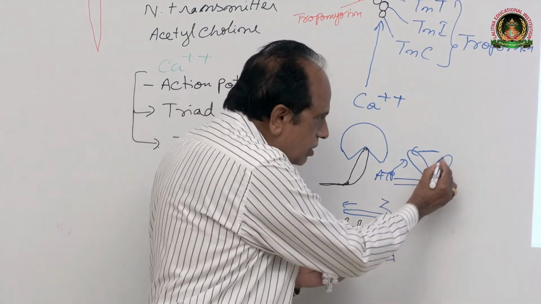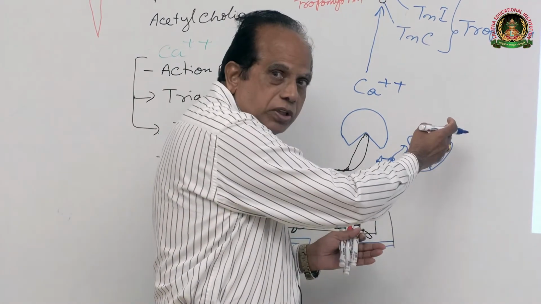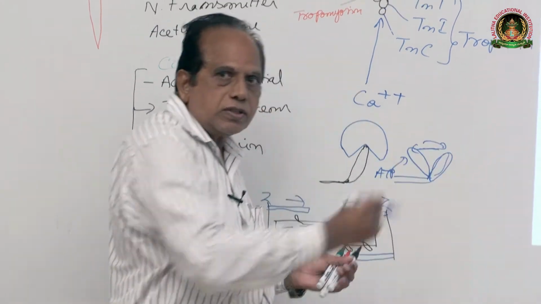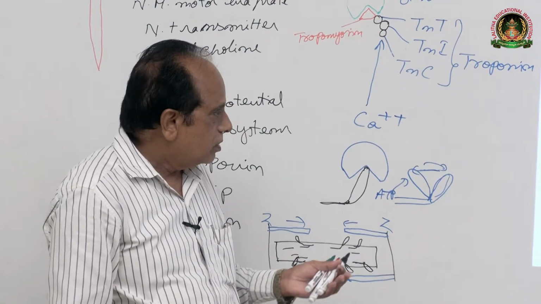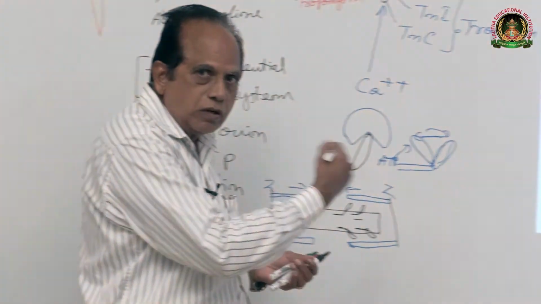Again it moves to the original position, and it will be attached to another actin molecule due to hydrolysis of the ATP. So, this cycle is continued, and this head moves to and fro.